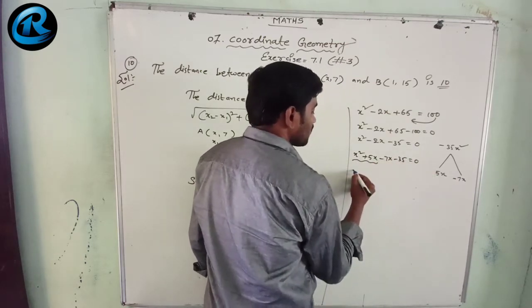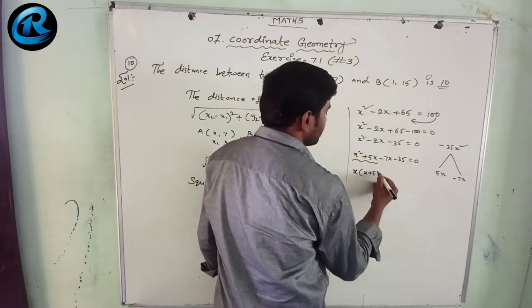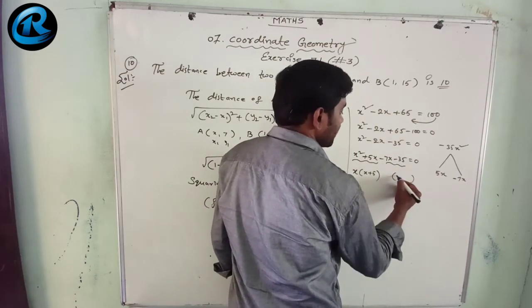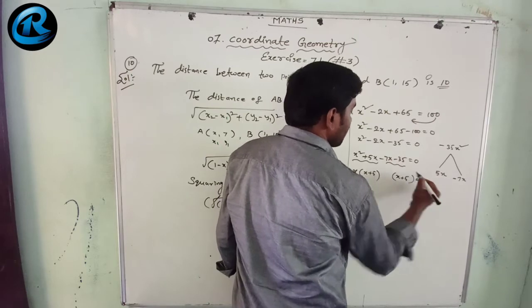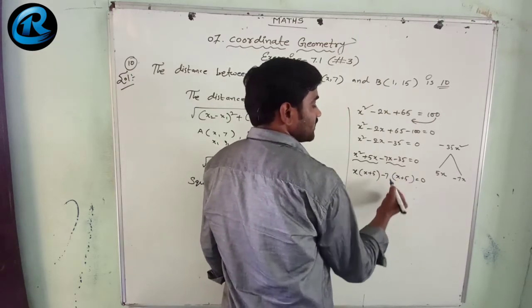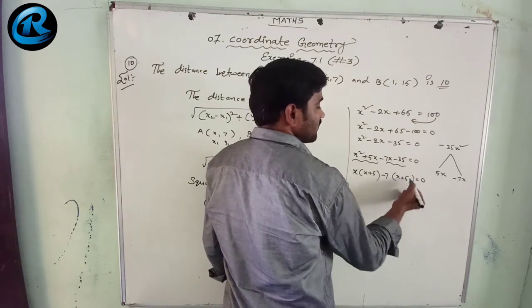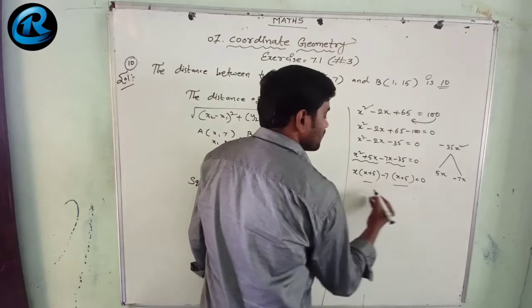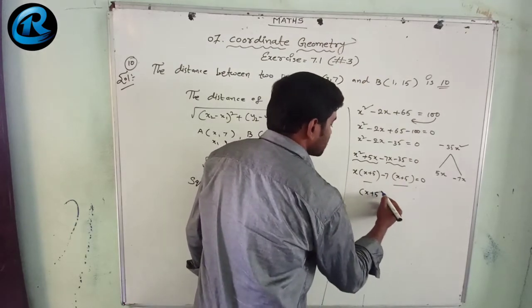In this, from x you take out common factor, x plus 5 will be left over. From this we have to take out a common factor so that we get x plus 5 as a common factor. So minus 7 we have to take out. Minus 7 into x is minus 7x. Minus into plus is minus. 7 5 is 35, balanced. Now x plus 5 is the same.